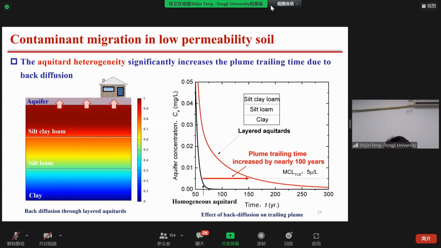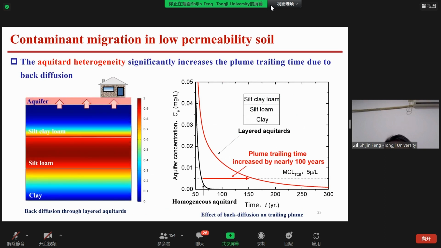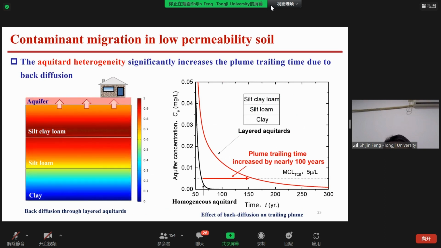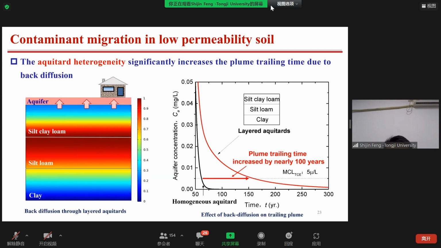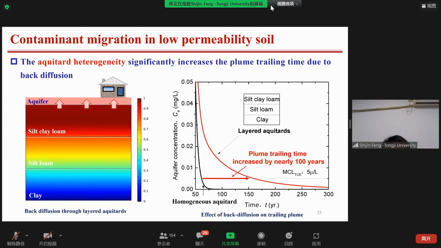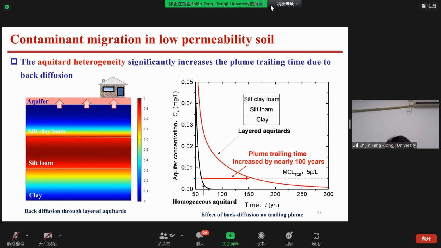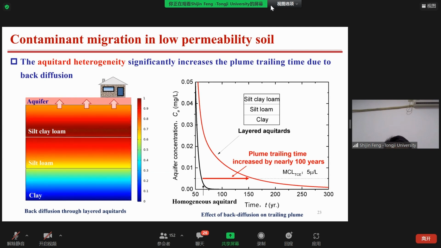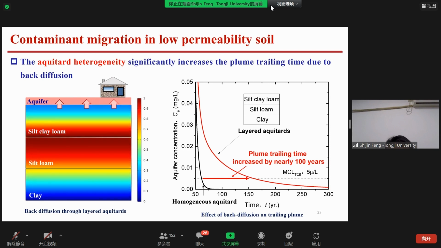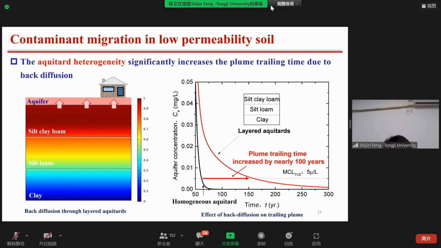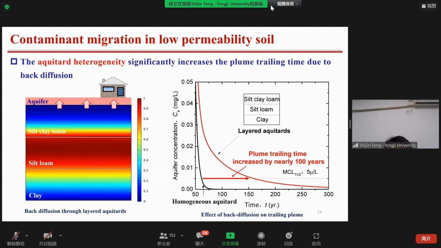Here we first show the back diffusion of contaminants from layered low permeability soils. The left figures show that the back diffusion may cause a persistent contamination plume in the overlying aquifer.